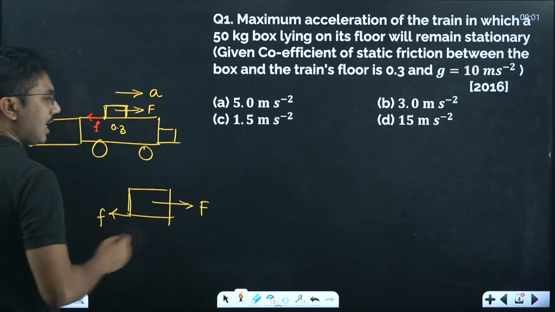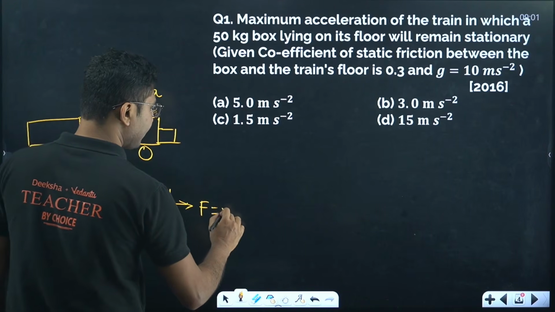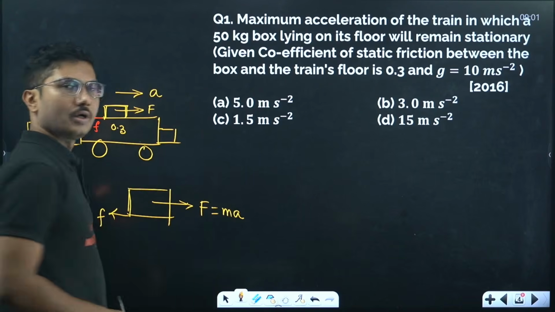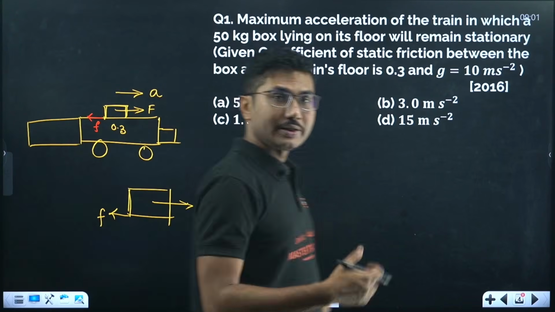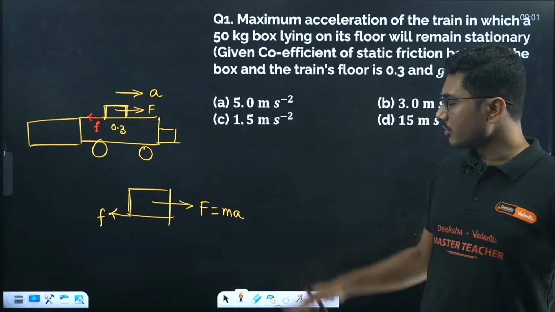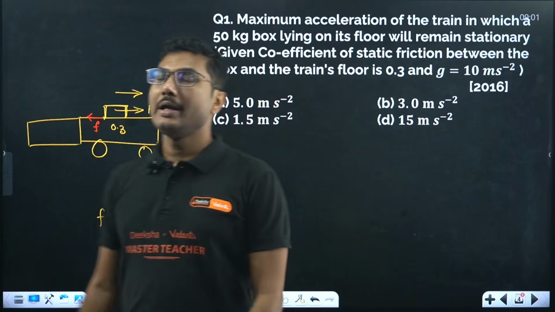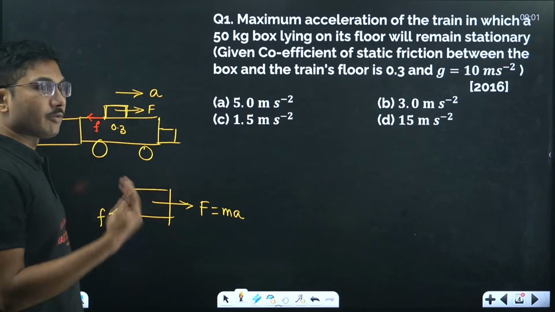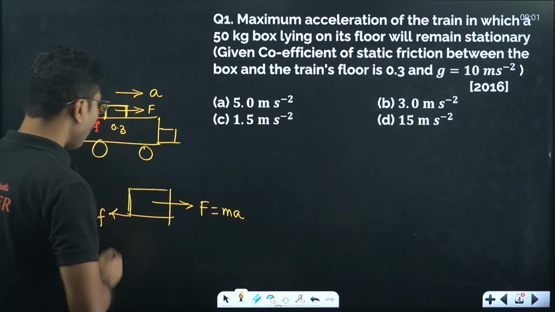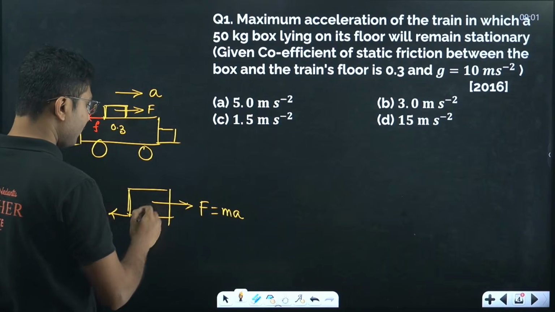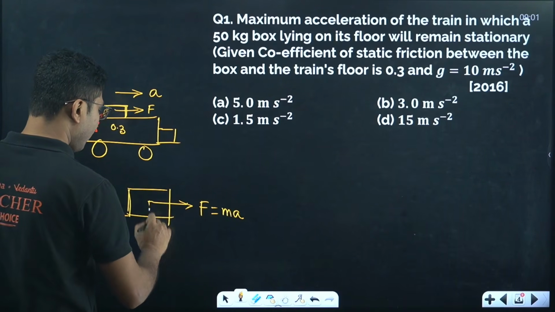The acceleration force is very easy, which is equal to ma, right? F equals ma, that we all know. From laws of motion, F equals ma is the force acting on an object which is accelerating. Now what is the force of friction? For that, first of all, we need to find the weight of the body.